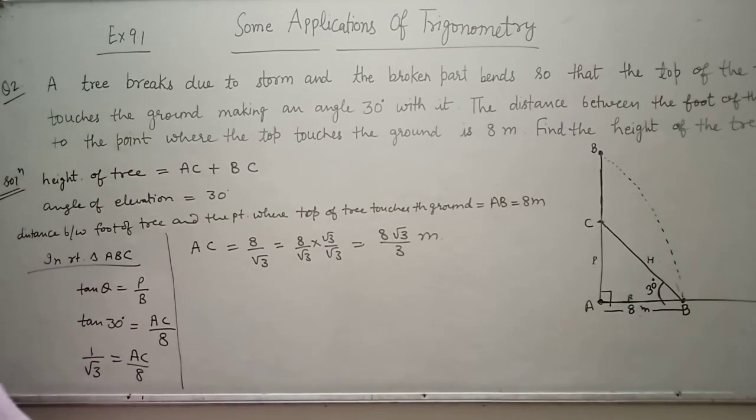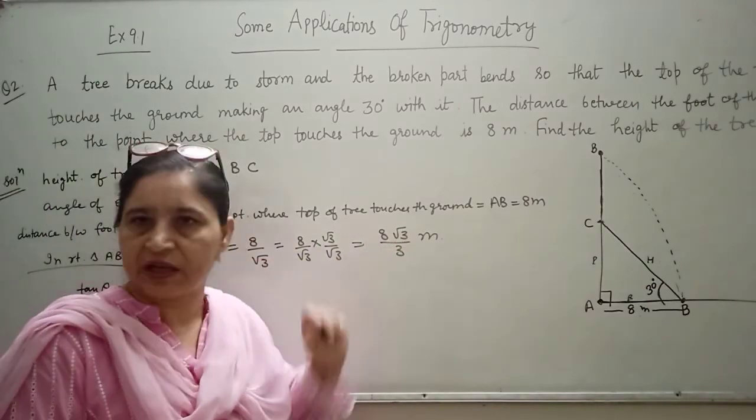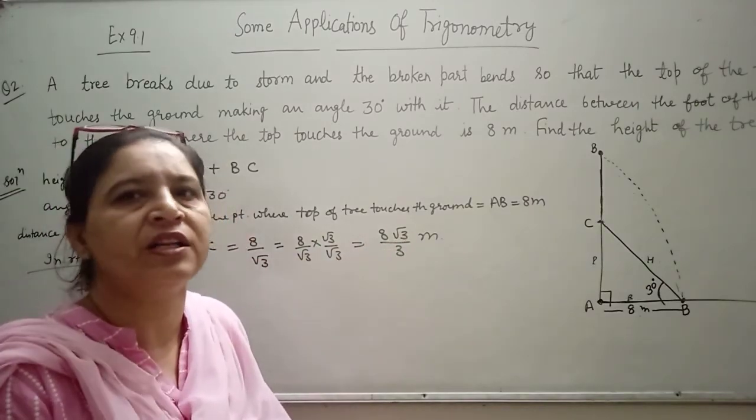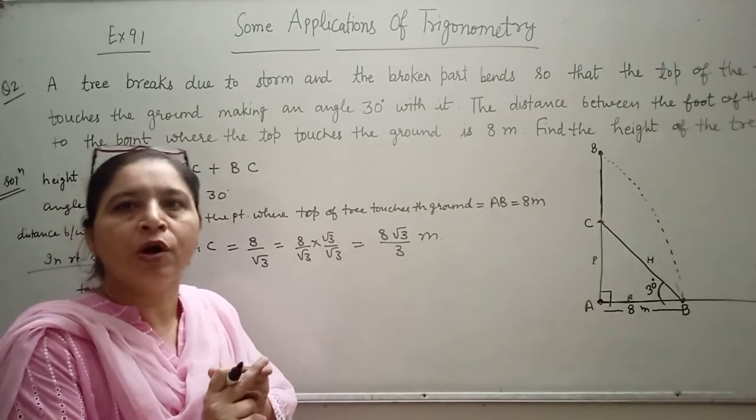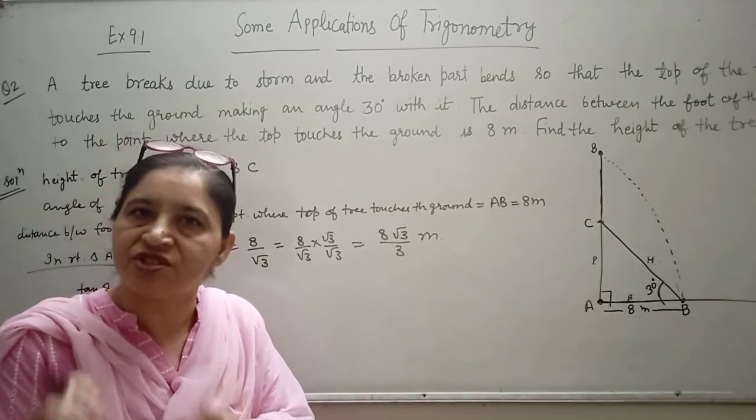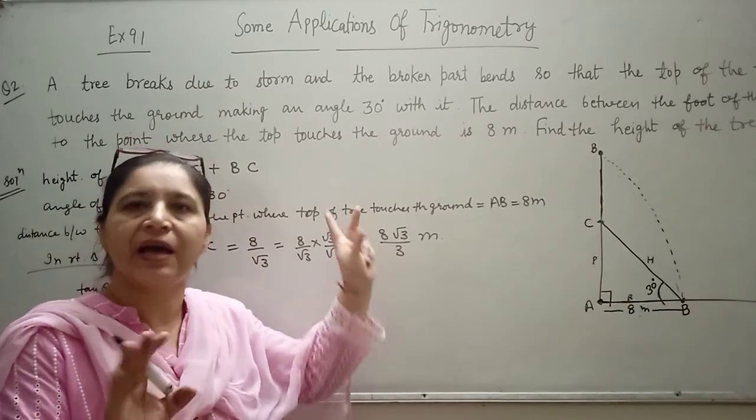एक चीज मैं आपको पहले बता दूं, we will put the value of √3, that is 1.732, only when it is given in the question. Otherwise, we will keep it as it is.